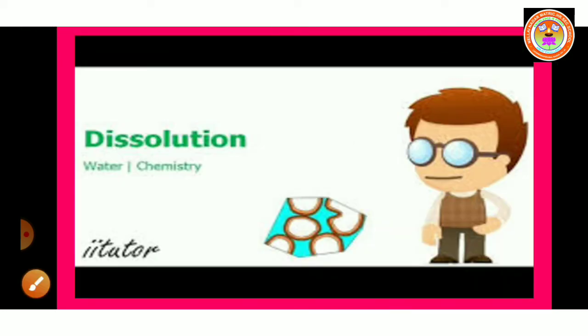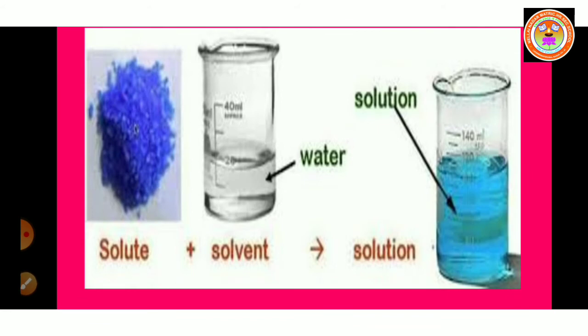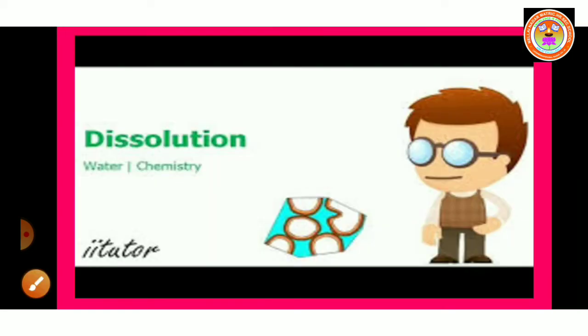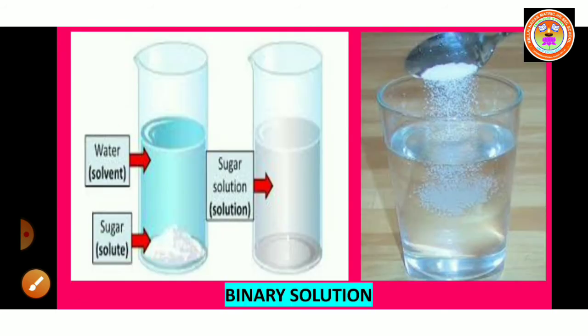The process of uniform distribution of solute into solvent is called dissolution. Students, a solution must consist of at least two components, that is, a solute and a solvent.